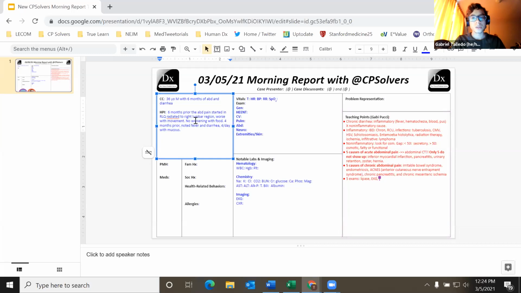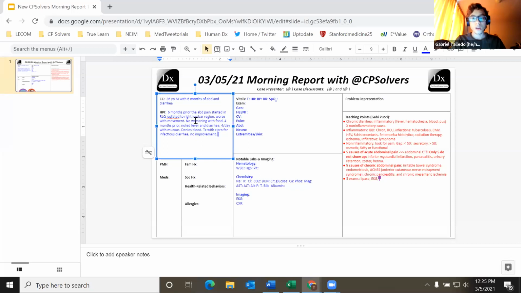No blood. He was treated with ciprofloxacin because they thought it was an infectious diarrhea, but the patient referred no improvement. He has been taking ciprofloxacin for like two months.